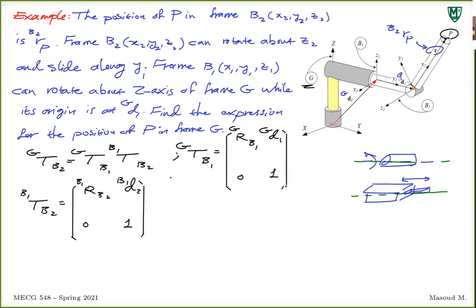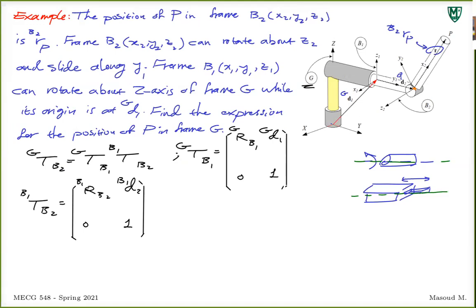So let me save that. Let's see if everyone followed what I did there. We have the point P. Position of point P in frame B2 is given with RPB2. Now I want to convert these coordinates, or position of P in B2, to position of P in G. You can think about it as this.